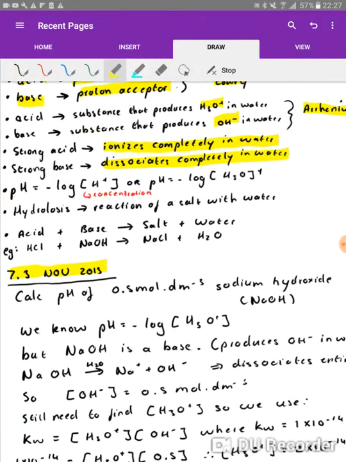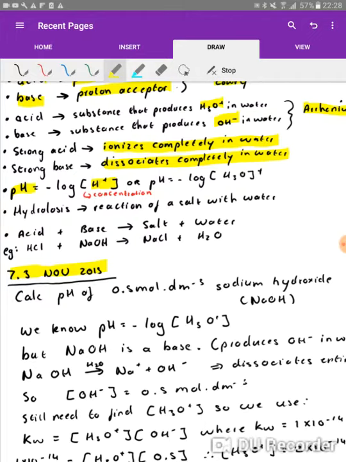Then we have a little formula. This formula basically tells us the pH of an acid or a base depending on the concentration of hydronium ions. If we have a 0.5 mole per dm cubed concentration of HCl, then the concentration of hydronium ions is going to be 0.5 as well.